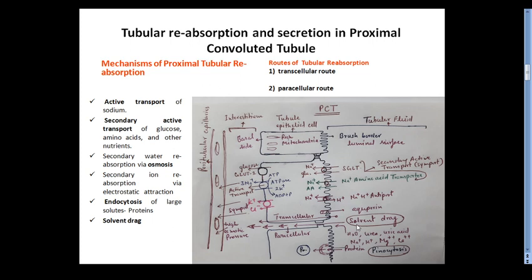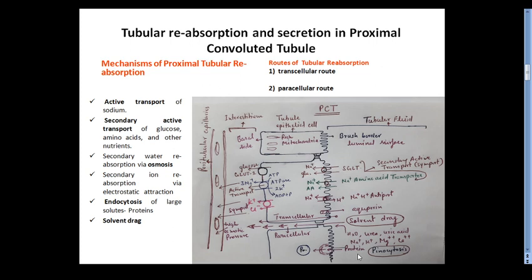Another mechanism is endocytosis of large solutes like proteins. As we know, the filtrate does not contain protein, because proteins are large in size and have a negative charge over them. That's why they do not get filtered into the Bowman's capsule.